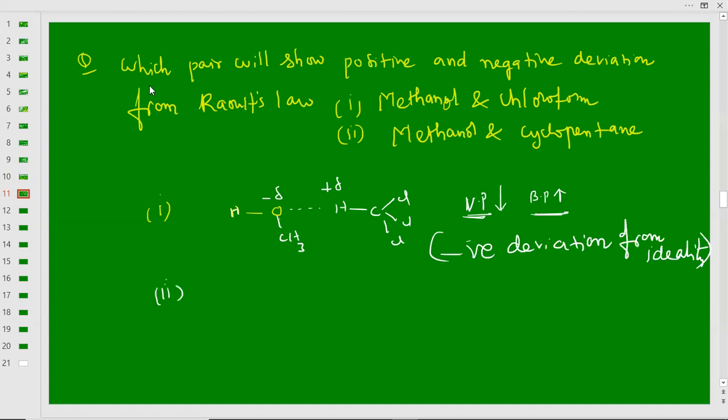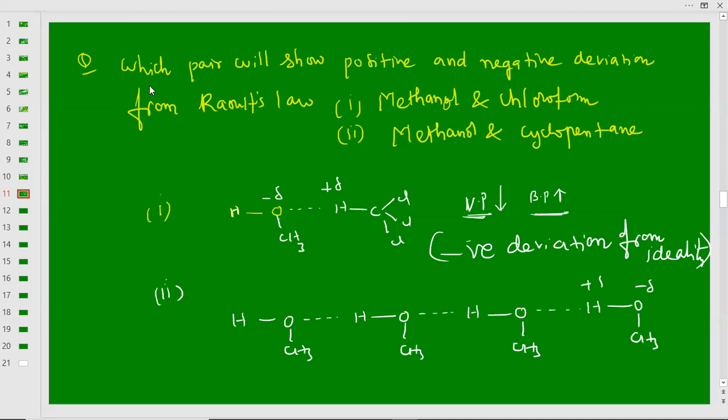Now the second one, we have methanol and cyclopentane. Between methanol molecules, intermolecular hydrogen bonds are strongly arranged. Hydrogen is partially positive and oxygen is partially negative.